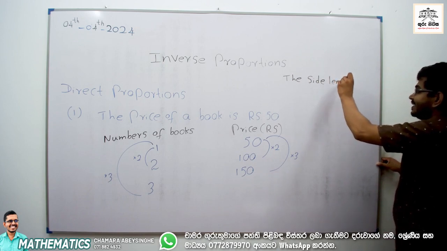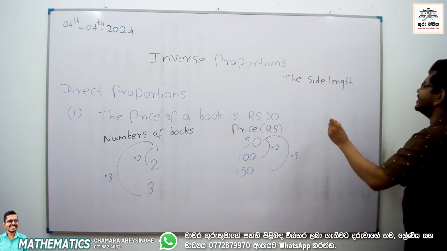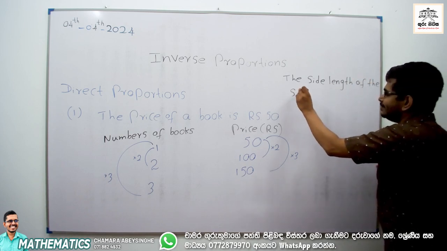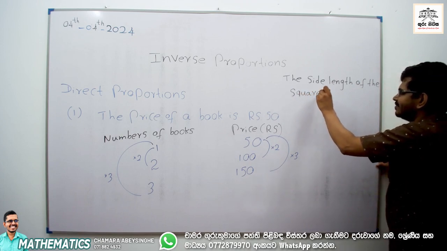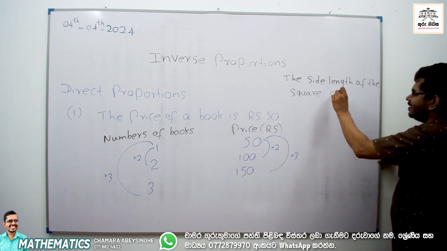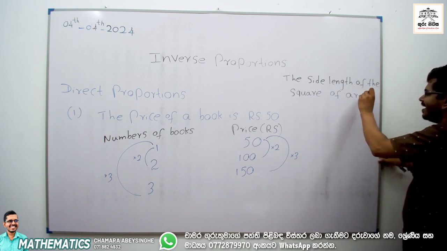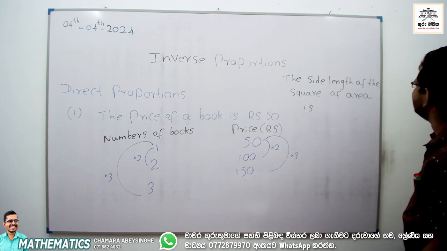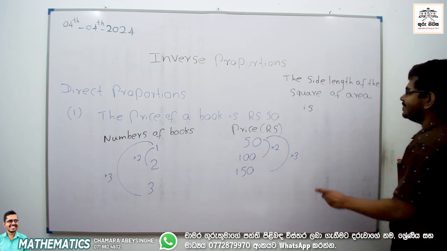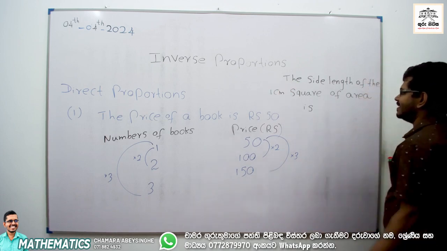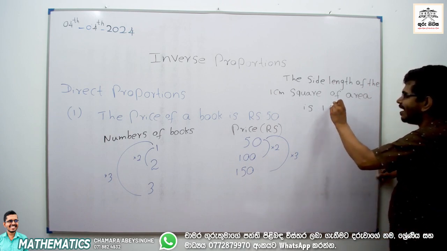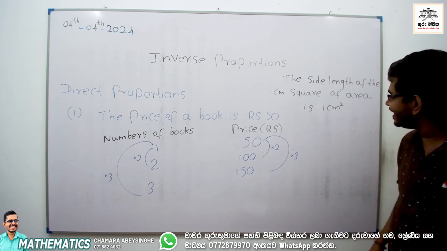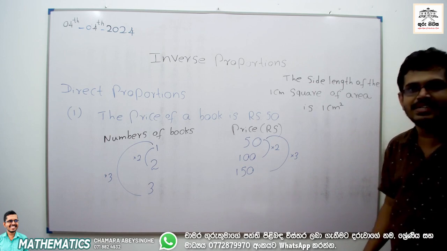The side length of a square of 1 centimeter has an area of 1 square centimeter. A square with a side length of 1 centimeter has an area of 1 square centimeter.